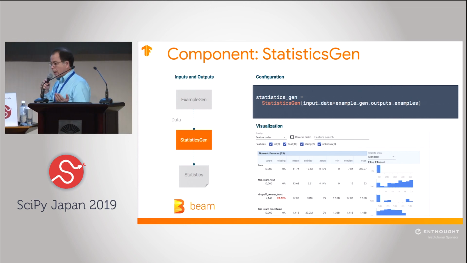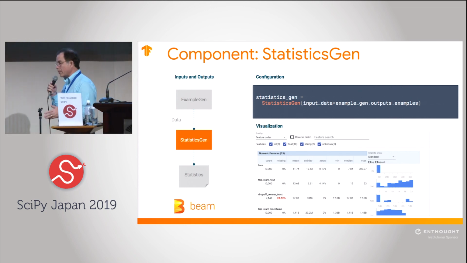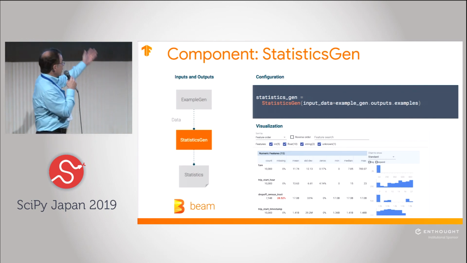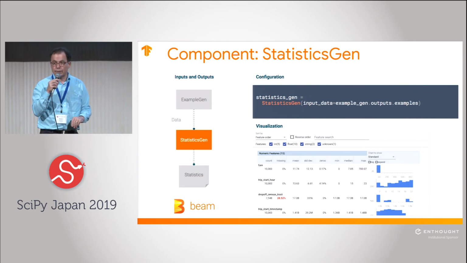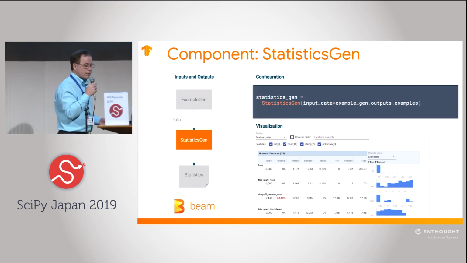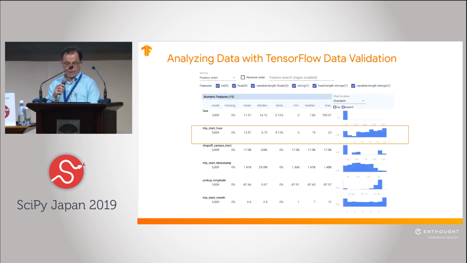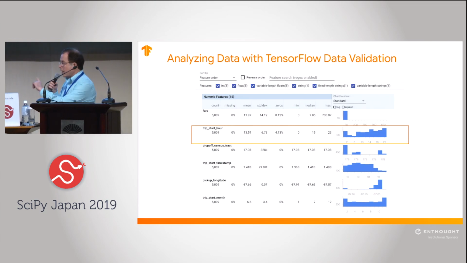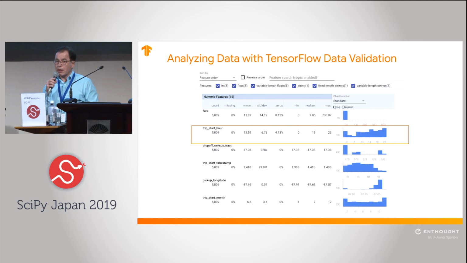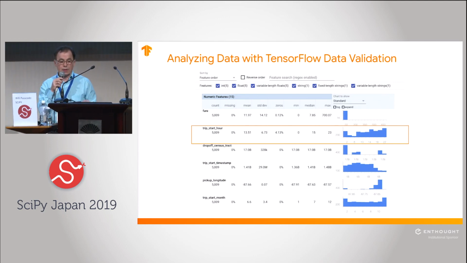StatsGen calculates statistics. It does one epoch across your data and calculates statistics across it for things like the median of each feature or the standard deviation. This is typical data wrangling type of stuff. It's what you do normally in ML development. And we provide visualization tools which are very useful in the data wrangling process to help you understand the statistics of your data.